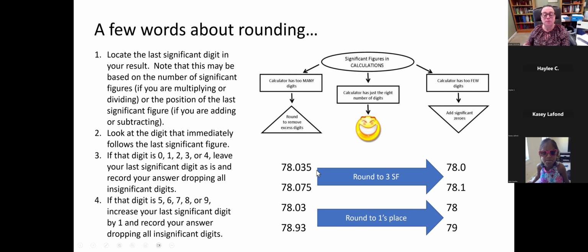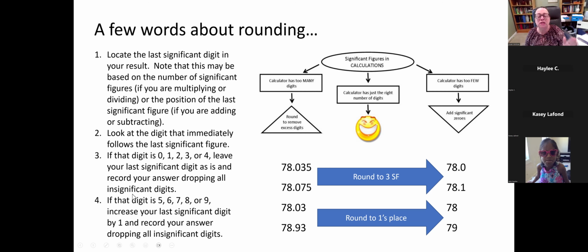78.035, and let's suppose we wanted to round that to 3 significant figures. So we would count, right? We would start on the left and count all the significant figures and stop when we get to 3. So we would do the 7, the 8, and then the 0. That's 3 significant figures. And then we're going to look at what comes immediately after the 0. We don't care what comes way after it. We're not looking way down the line, right?